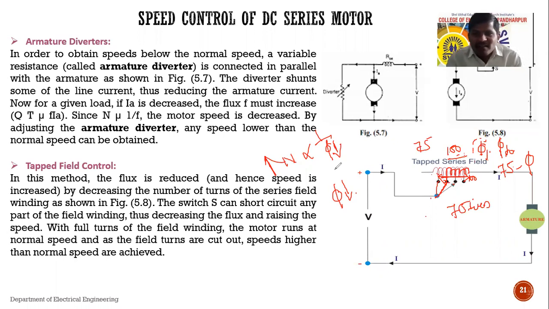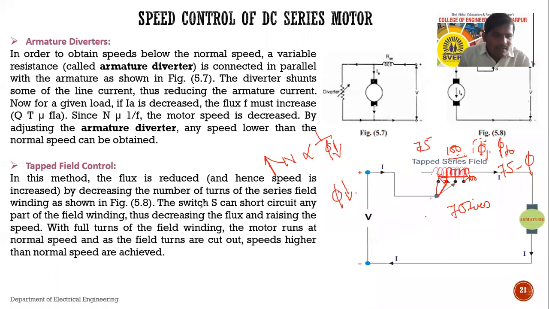And the reverse of this: if we are increasing the number of turns of the machine, then the flux will be reduced, and if the flux is reduced, then the speed of the DC series motor will increase, right?